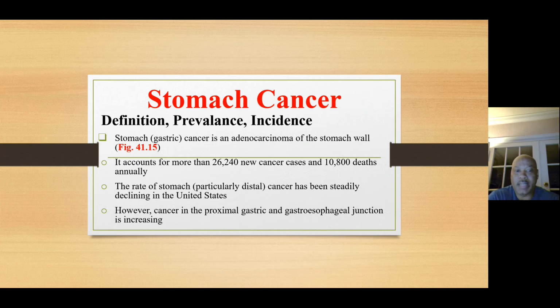Now, the stool may be positive for occult blood. Remember, we do the fecal occult blood tests on these patients. And if you don't know how to perform that test, which you should, just refer to your fundamentals textbook. This is something you will also be doing quite often.